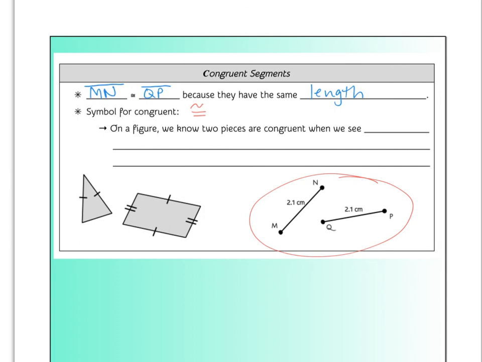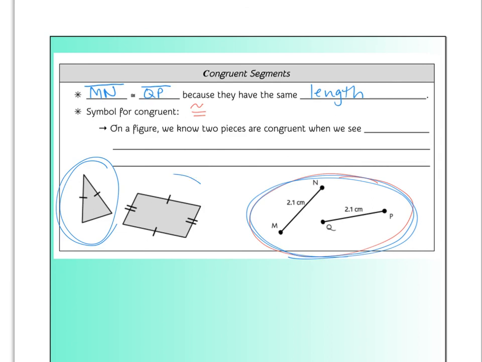So on a figure, we know two pieces are going to be congruent if we see something like this, where they both have the same measure, 2.1 centimeters, but you also might see something like this triangle here. Do you see how two of the sides have a tick mark on them? That means those two sides are the same length.